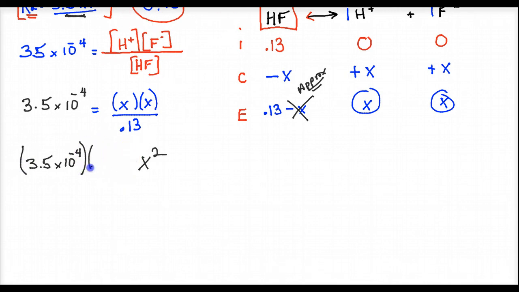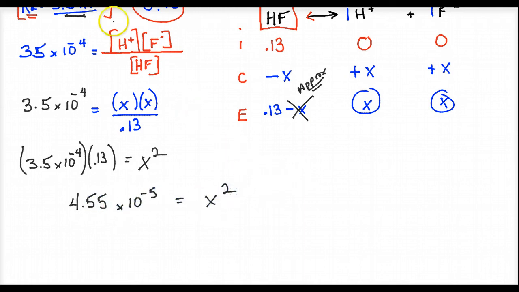So we're going to times that by 0.13, just doing some algebra. Let's do that. We take our calculator, as opposed to doing it long-handed, 3.5 E negative 4 times 0.13. And I get this number to be 4.55 times 10 to the negative 5, and it equals x squared.